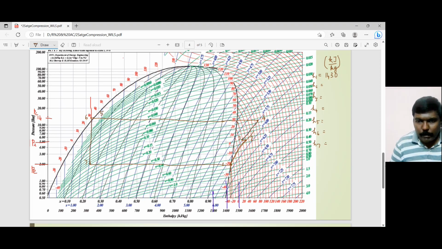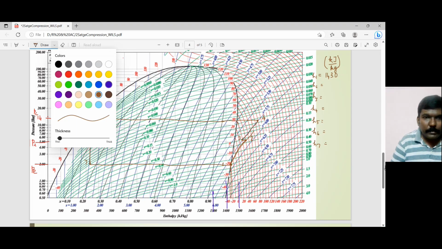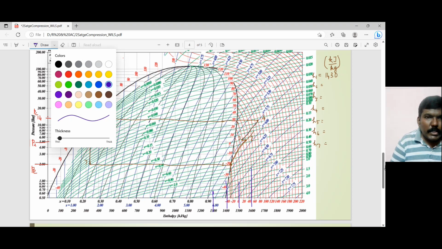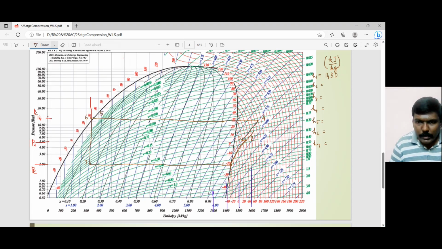So H2, if I drop a perpendicular over here, so that is 1500 and a little bit closer to 1600, I believe. So here you have the 1600 line. So if you drop a perpendicular from 2, that is somewhere closer to 1600, maybe 1580, let's say.